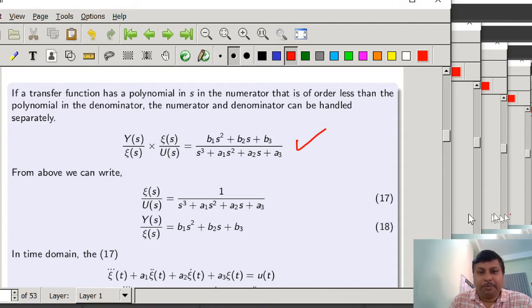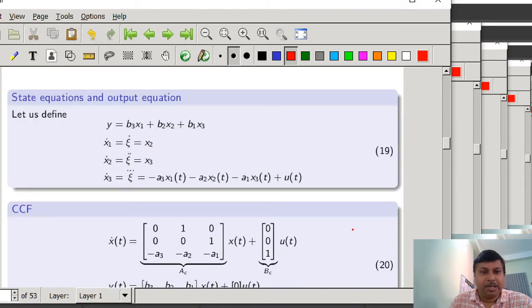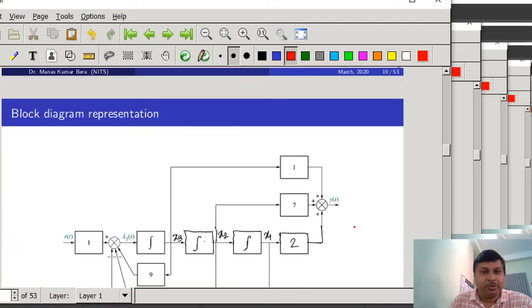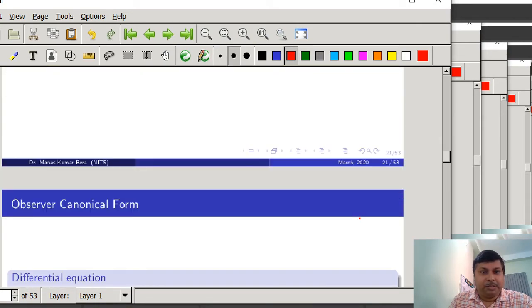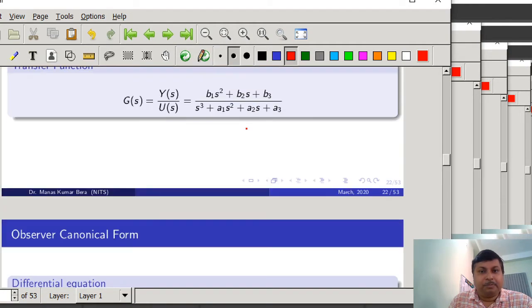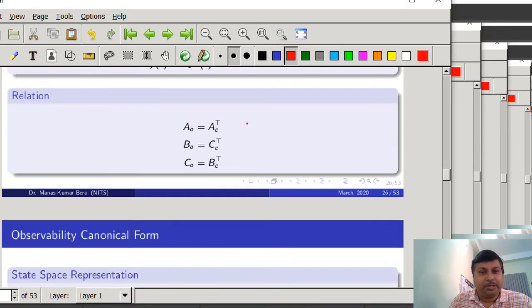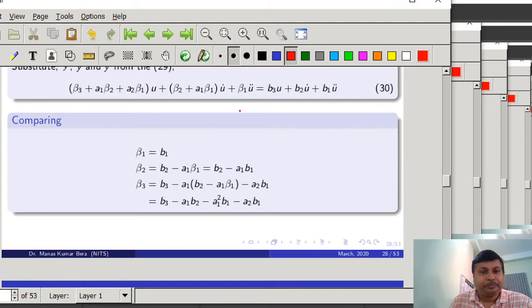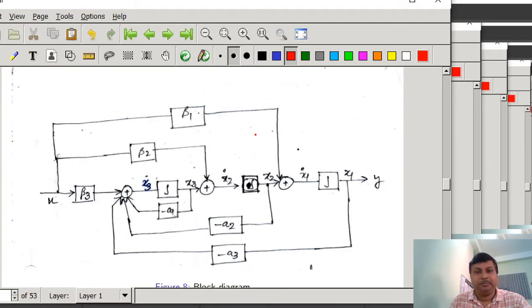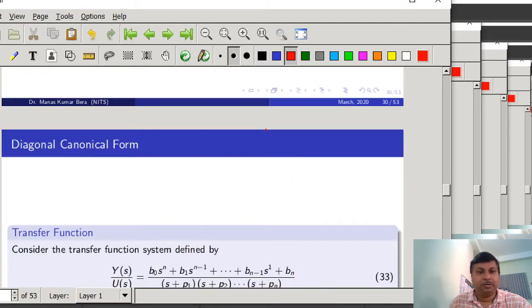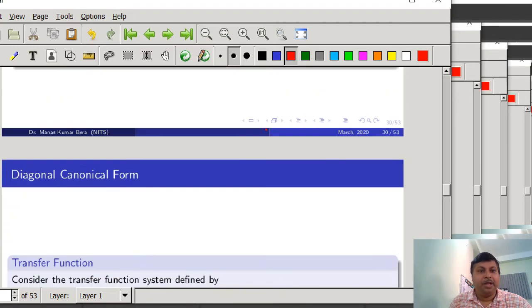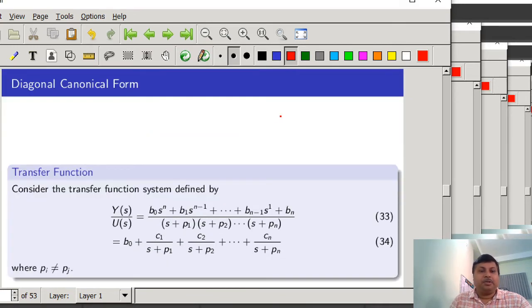Now we will discuss how to find the diagonal canonical realization using a transfer function. Here we start. The transfer function is defined by equation 33.